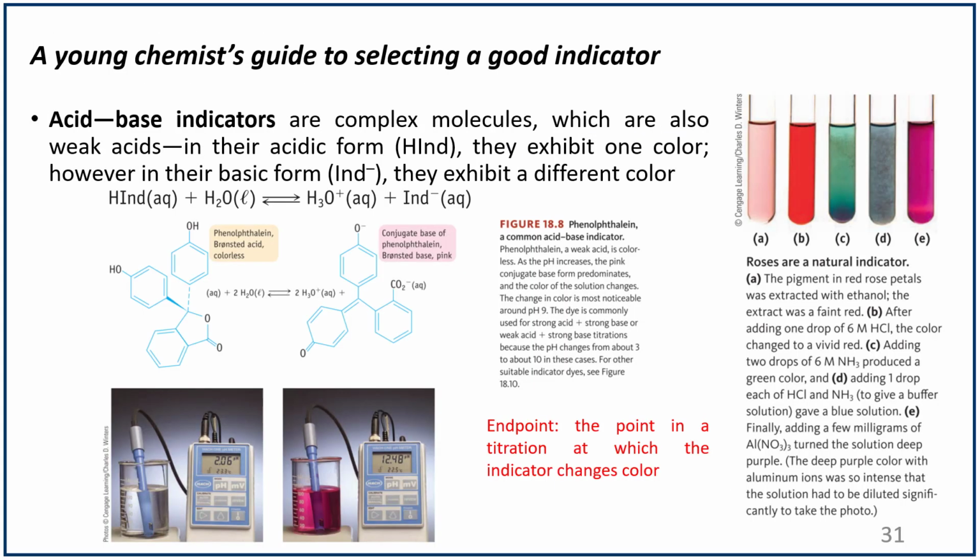So how do these indicators actually change color when they are at different pH conditions? First of all, these indicators are complex organic molecules, or simply complex molecules. They're also weak acids, by the way. In fact, they have really, really low Ka values. Okay, and basically, their protonated form, let's say for example here, phenolphthalein, exhibits one color at a certain pH range.